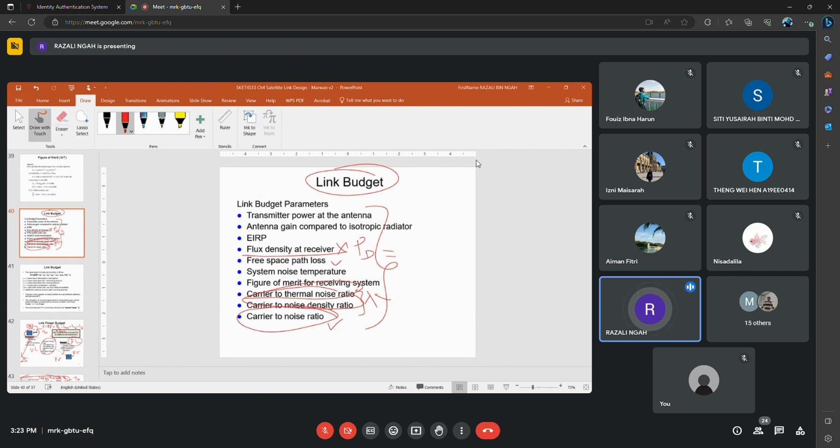So we consider free space loss, and TS, the noise temperature. The figure of merit for a receiving system is G over T. So before I go to G over T, is there any question?